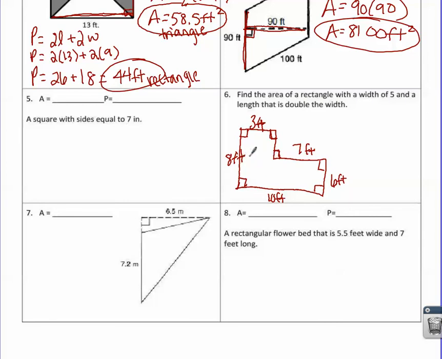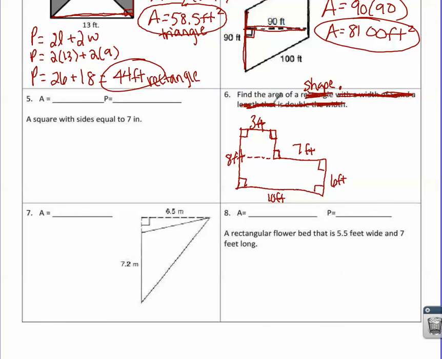I'm going to split it going this way. You could have split it going this way. Either way is fine. So it says find the area of, we'll call it a shape instead of a rectangle, so scratch out the rest of this.